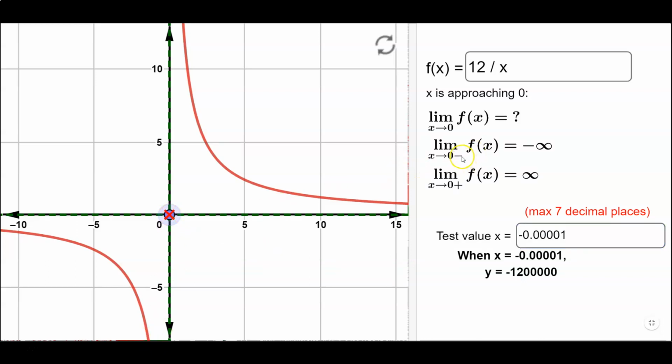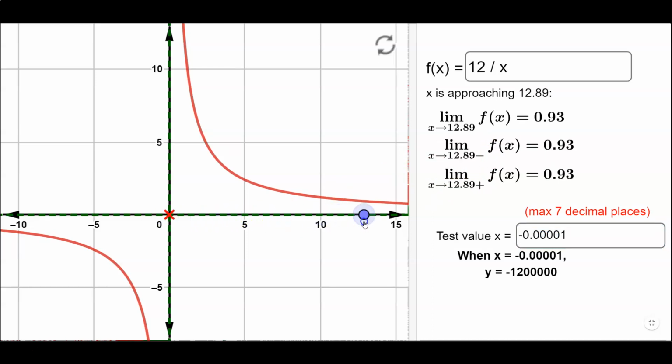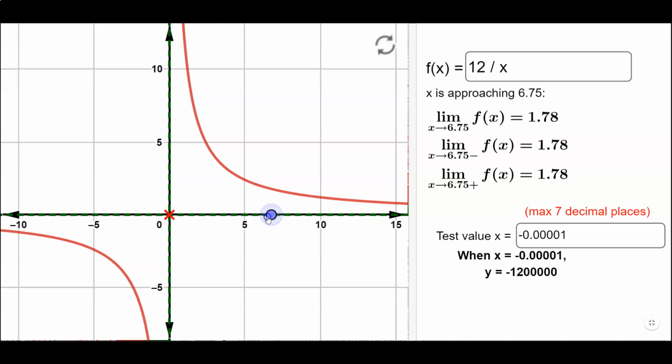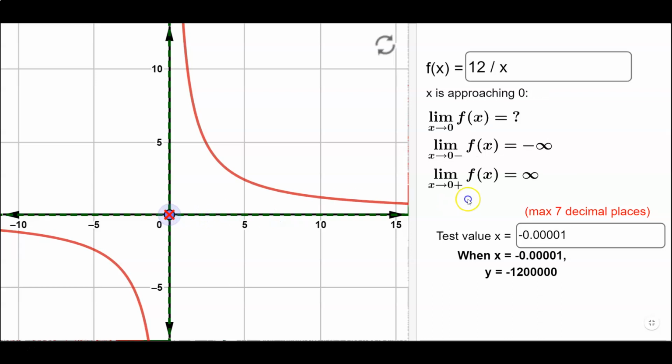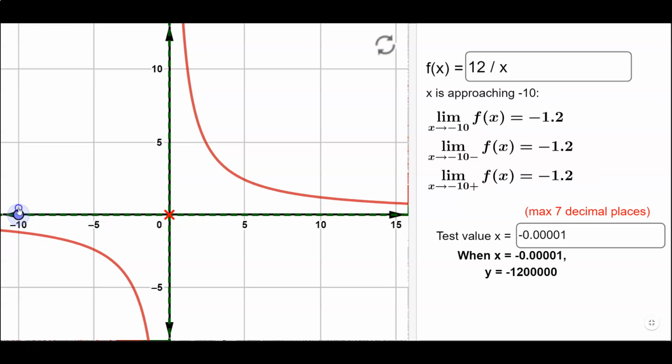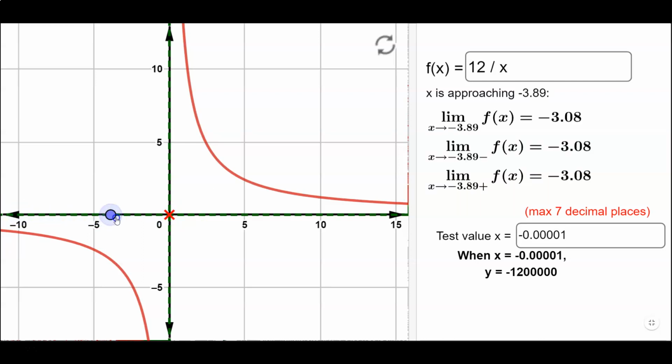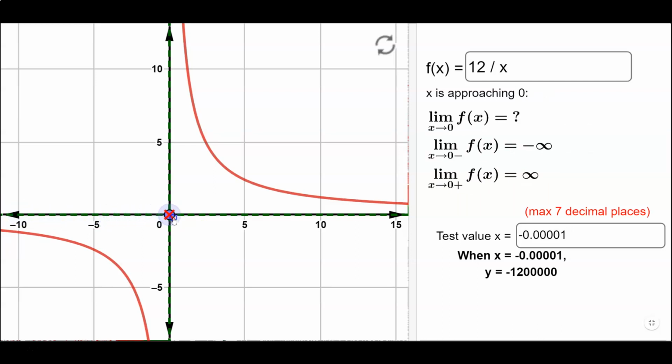So the minuses and the pluses tell you which way you're moving from. This is approaching 0 from the right. That's the bottom limit. This is approaching 0 from the left. That's the middle limit. The one on the top is called the double-sided limit.